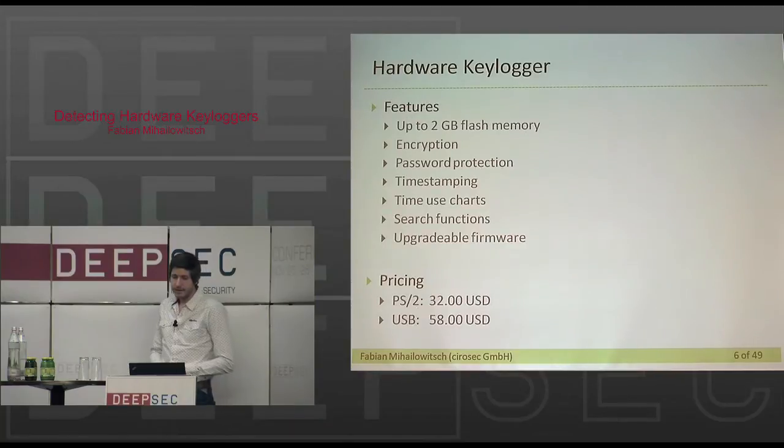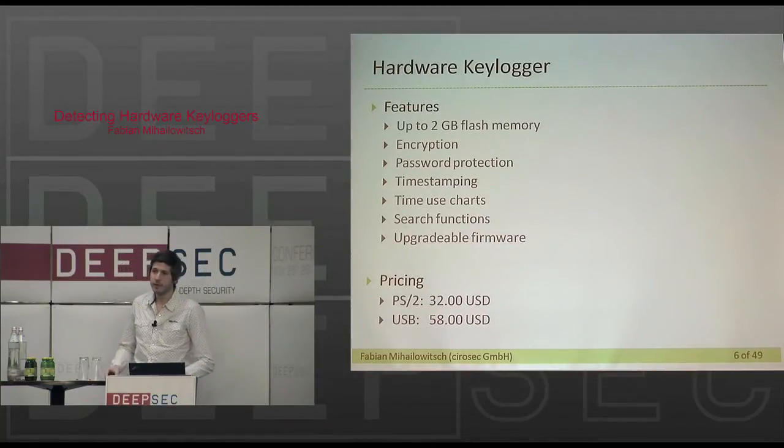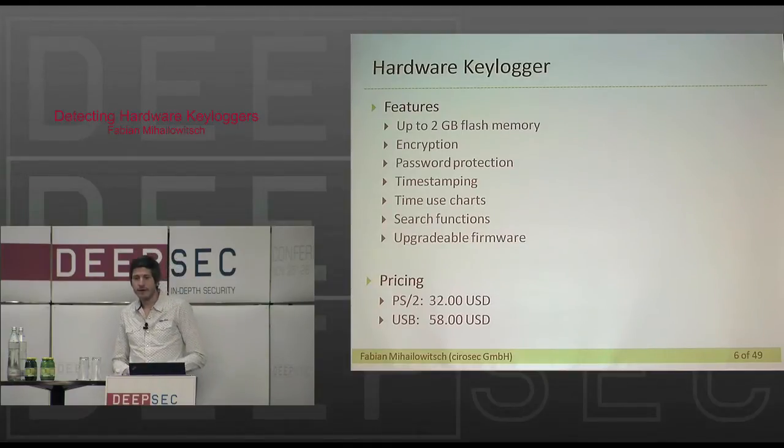As for features of current keyloggers, they have up to 2 gigabytes of flash memory, so you can log plenty of data. They provide encryption, so if the keylogger gets lost, nobody can recover the memory unless they have the right password. They have timestamping functions where every keypress is assigned a timestamp, and you can create time-use charts to see when the computer was used.